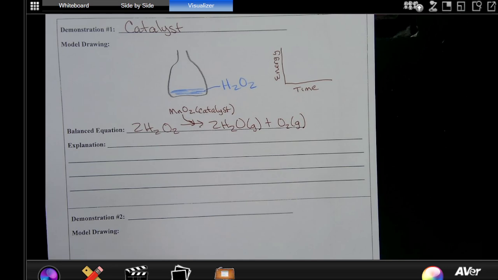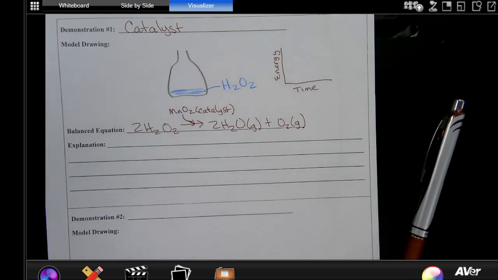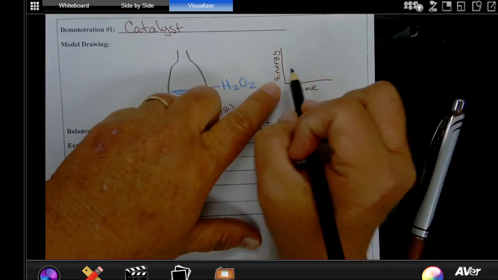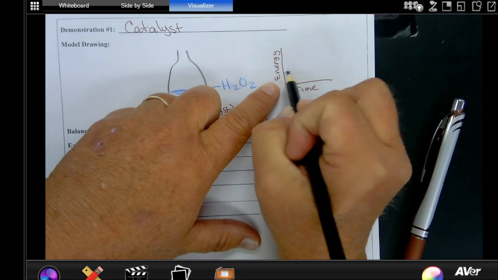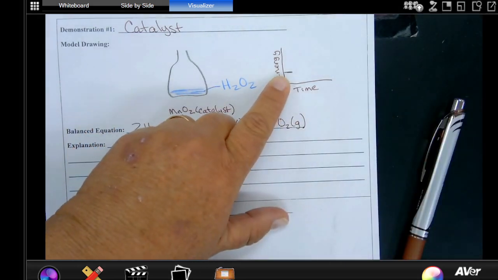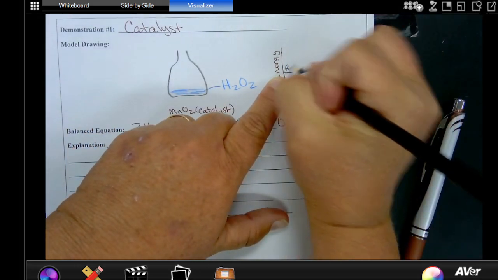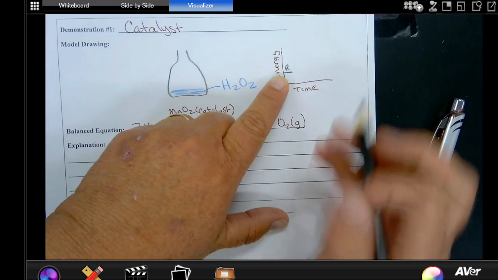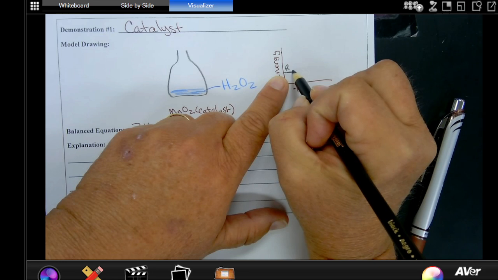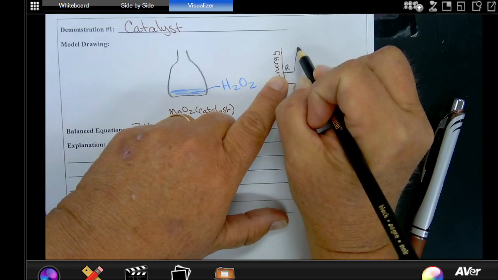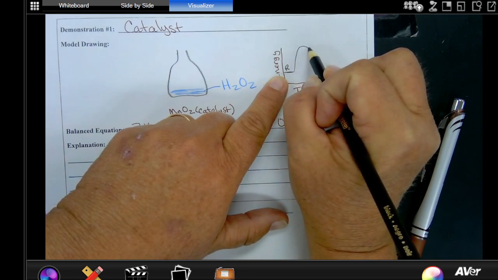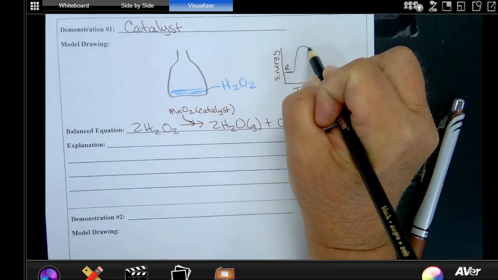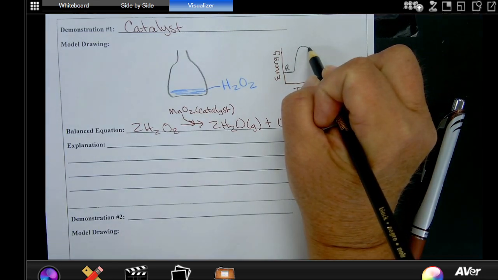Okay? So the first one I'm going to do, you pick a color. I'm going to start it off here. Remember, these are my reactants. I'm just going to put an R for reactants, okay? And what happens is it goes up the hill, right? Up the hill over the activation energy. It's exothermic. So is energy going in or out? If it's exothermic, out.